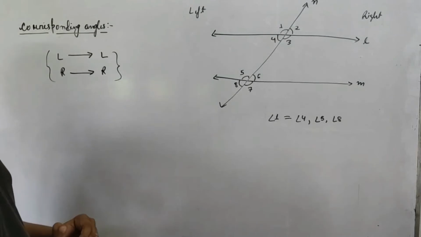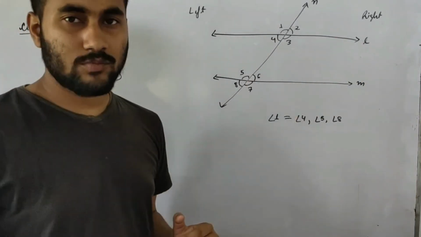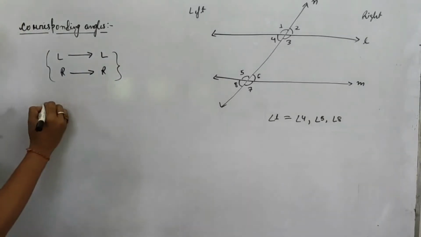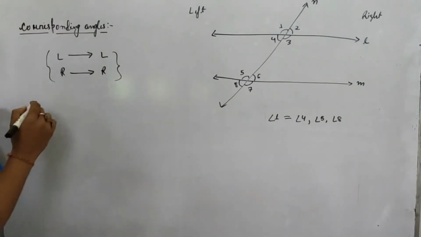Okay. Now what is the next thing you have to see? Whatever angle I say, the next angle you will skip and the next angle will be your corresponding angle. See, this is just what I am saying, this is not a formula.